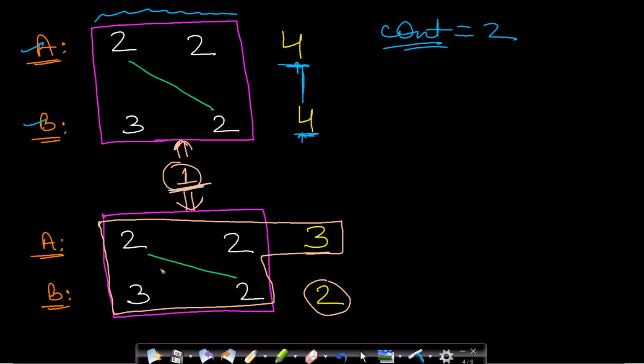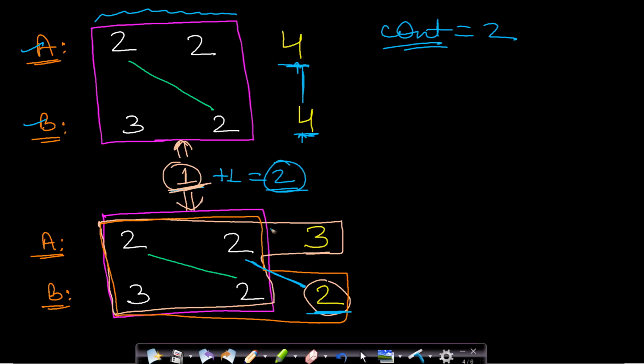So the other configuration is 3 elements from B and 2 elements from A. Now if you try this configuration, then you can see that you can draw a new line from this 2 to this 2. Therefore, by including this element 2, your count will be increased by 1 and this will be equal to 2 now. So whenever the elements are not equal, then you will have to take the maximum of these two configurations. So the maximum of these two configurations will be 2. So the answer in this case will also be 2.